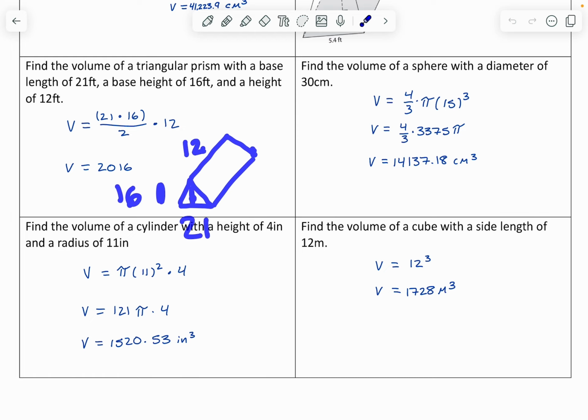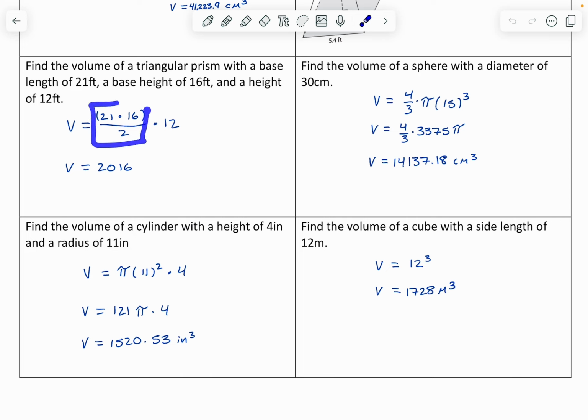So that 16 is the height. 21 times 16 divided by 2 gets you the area of that base triangle, times the distance between those two bases. You get 2016. For some reason, this is the only one that doesn't have units. Feet cubed.